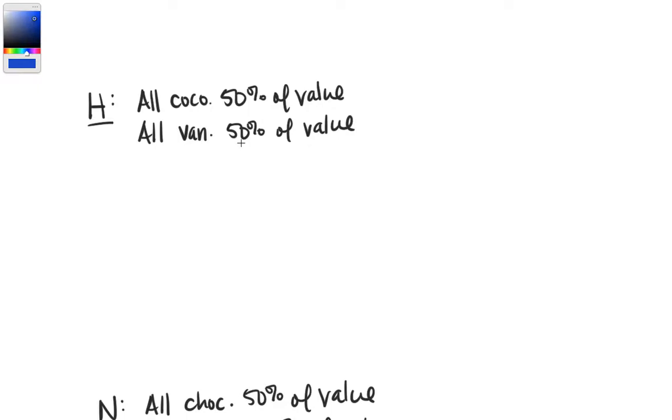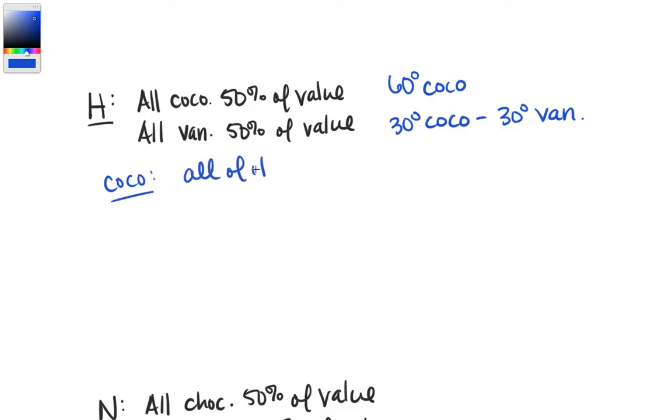And we know that Hermione ended up with 60 degrees of coconut, and then she had a 30-degree coconut, 30-degree vanilla piece. Okay, so Hermione got all of the coconut. So she had all of it, which she thinks is worth 50% of the value.